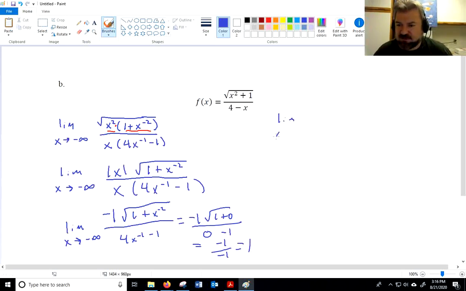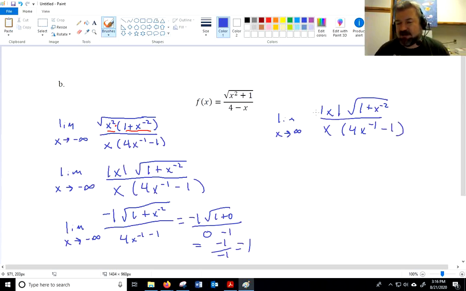The limit as x goes to positive infinity. I'm going to jump down to this moment right here. All right, so we know that the absolute value of x is the same as x for positive x values. So this reduces now to a positive 1.